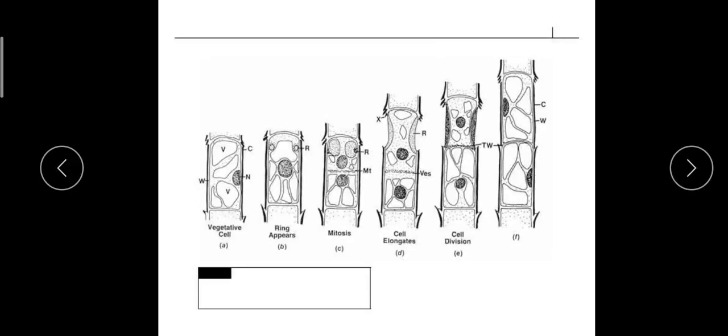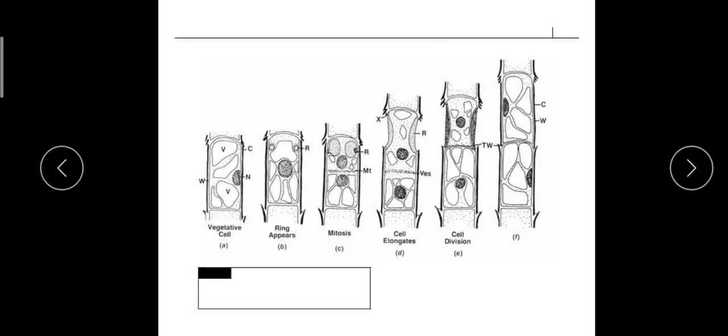It occurs a little below the distal septum. This is the distal septum, and a thickened ring of cellulose is formed just below it, and this ring slowly becomes thicker and wider.